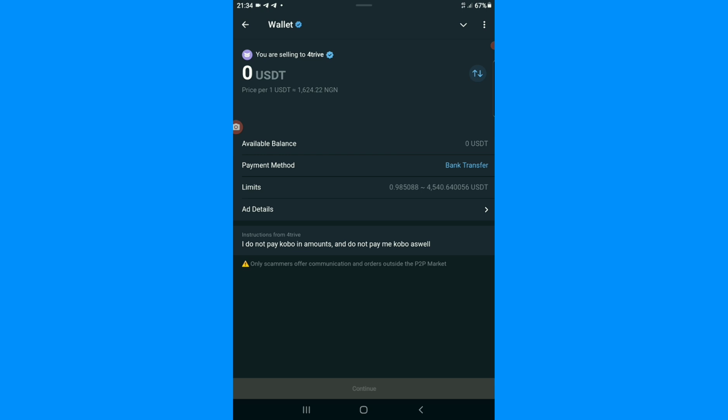When you receive the money to that account number, you have to come back and confirm to Telegram that you have received your money, and also enter your passcode, so that it will be confirmed on Telegram. That way your transaction will be completed.